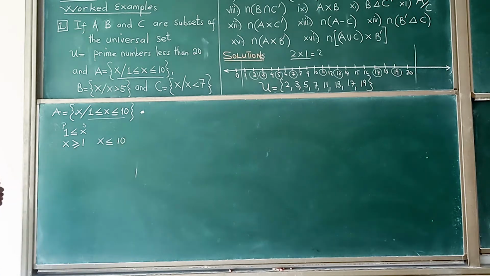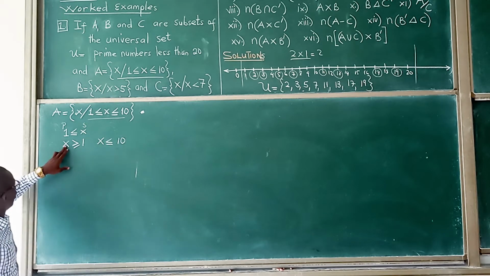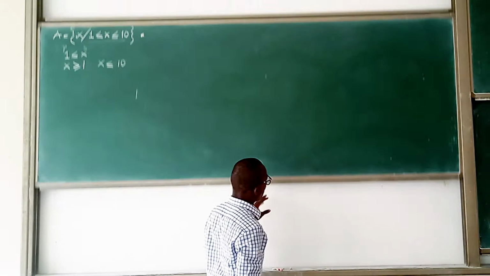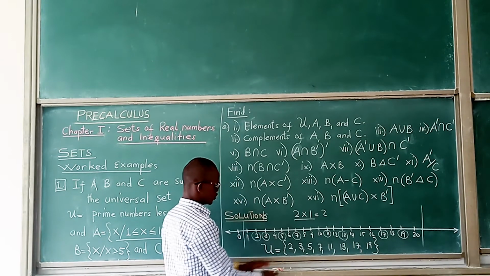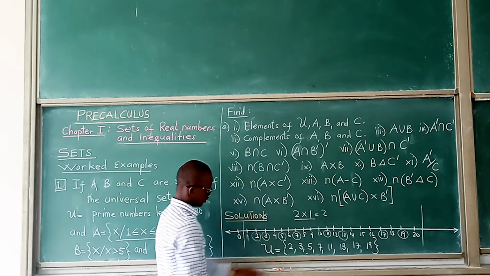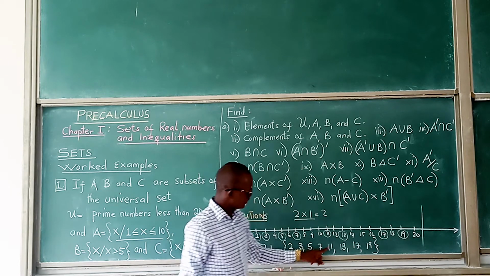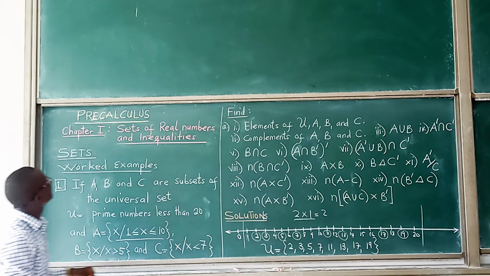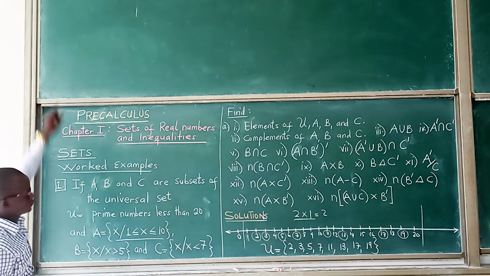Now, what does it mean? These x that we are referring to are all of those numbers that form part of the universal set. So 2, 3, 5, 7, 11, 13, 17, and 19 are all referred to as the x.